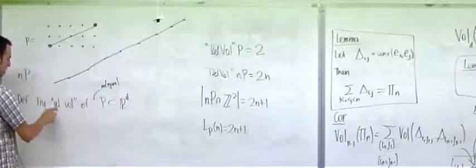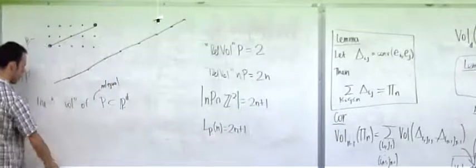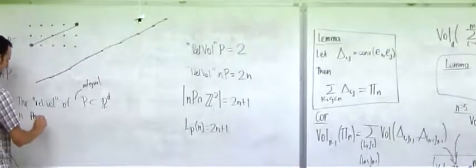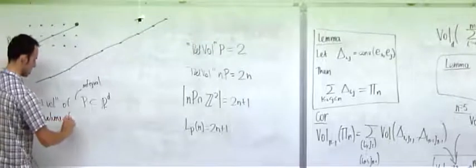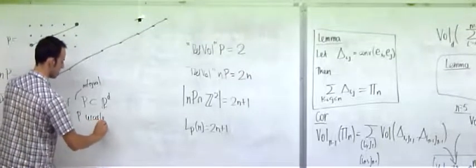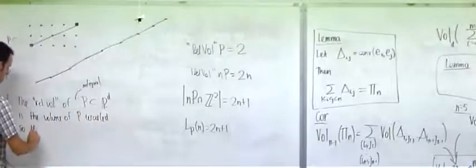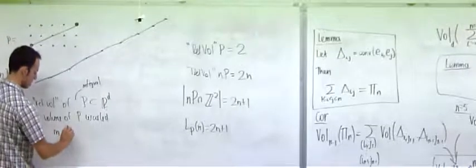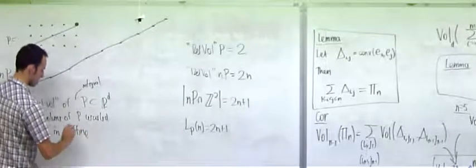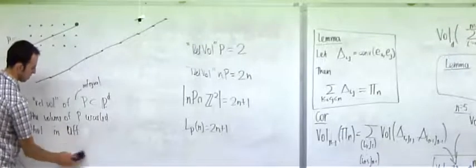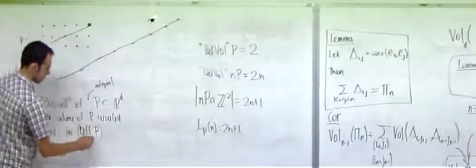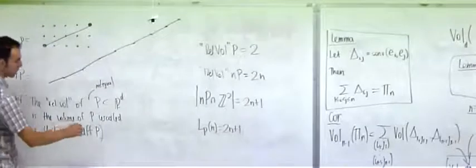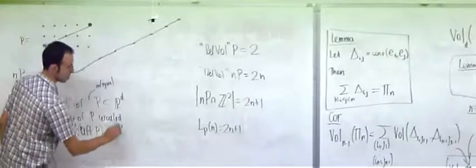The relative volume of P is the volume of P rescaled so that if you look at the affine span of P, when you intersect that with the lattice, you're going to get some lattice.